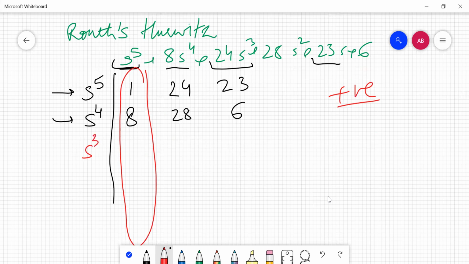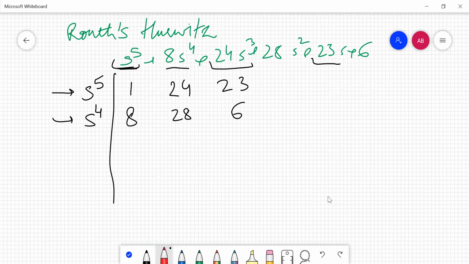So here is how you calculate: you go with your first 8 into 24, the way you usually took your determinant, minus 28 into 1, divided by 8, because this is the main element with which we started, so we need to divide this whole by that. So this comes out to be 20.5.